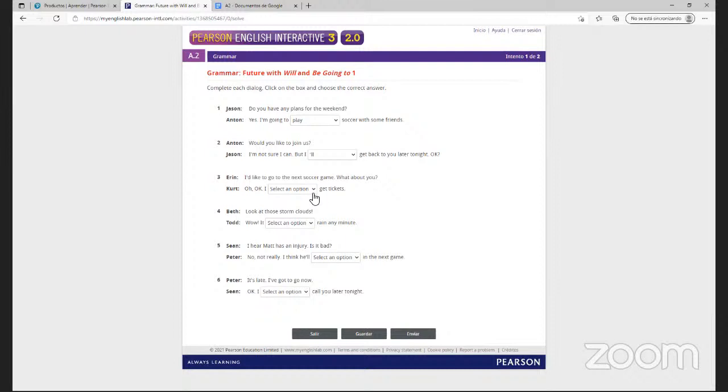For example, Lucas, if the sentence says I'd like to go, me gustaría ir, ¿no? I'll, sería, ¿no? Conseguiré tickets, but it's like a promise. It's not sure.